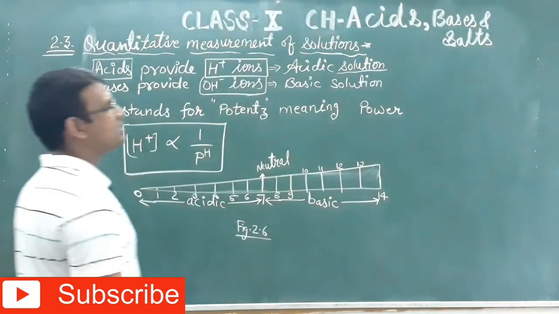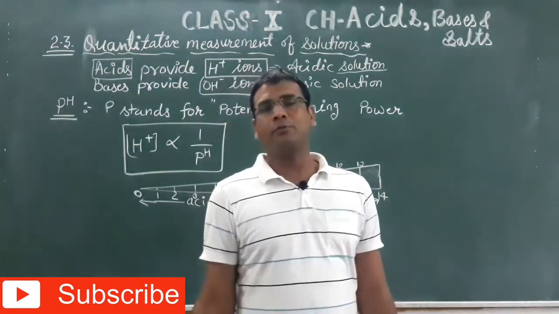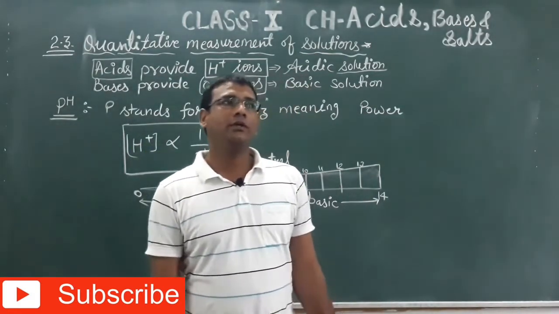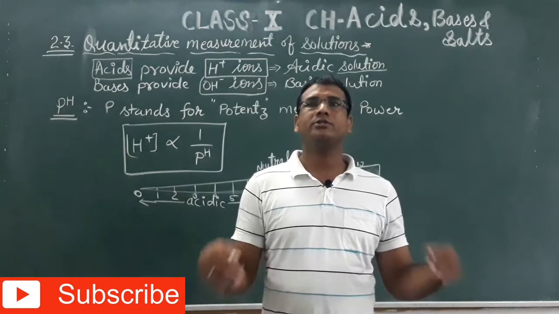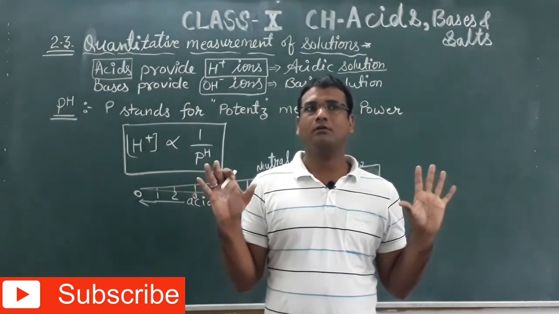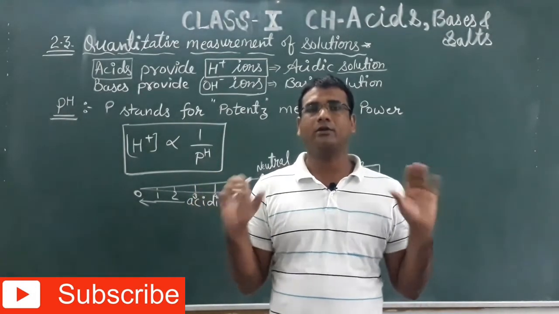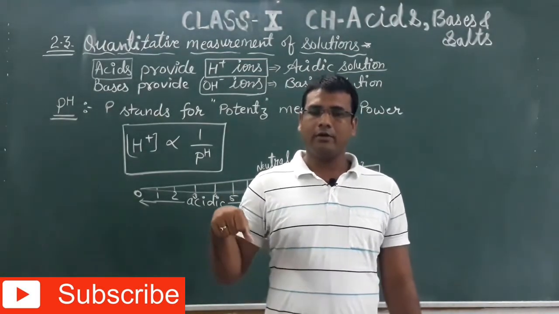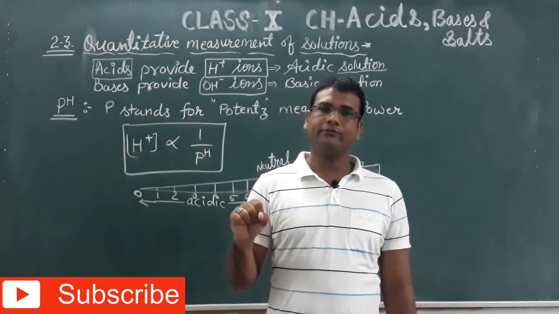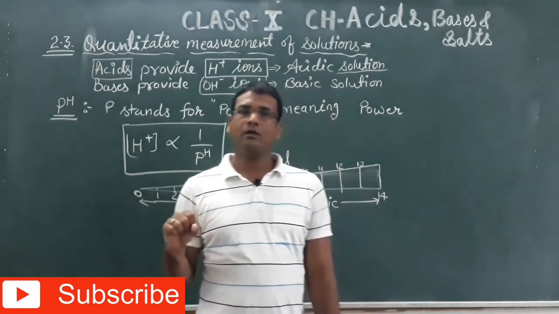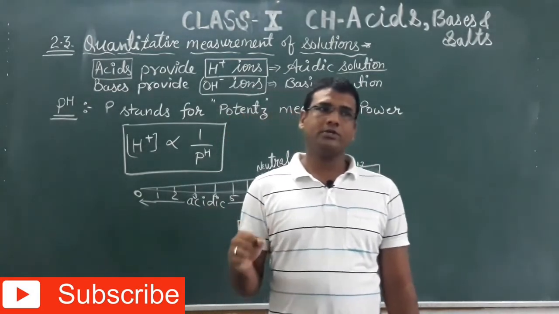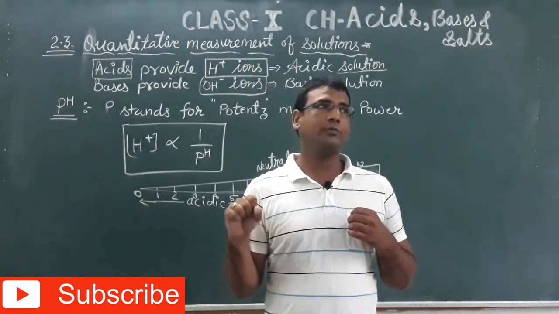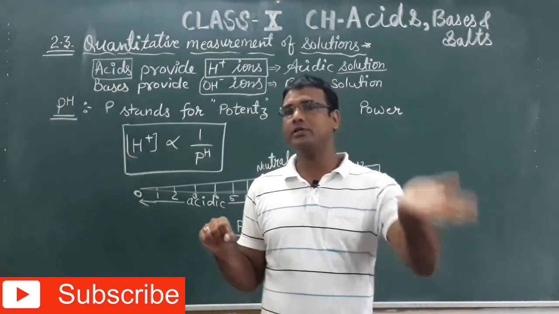One more relation is there, that is directly proportional. Directly proportional means what? Just imagine that you are driving a bike. As much as you pull the throttle, the speed increases.